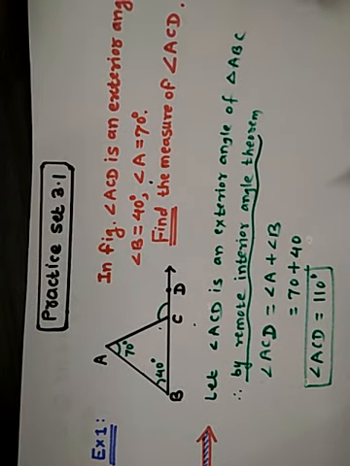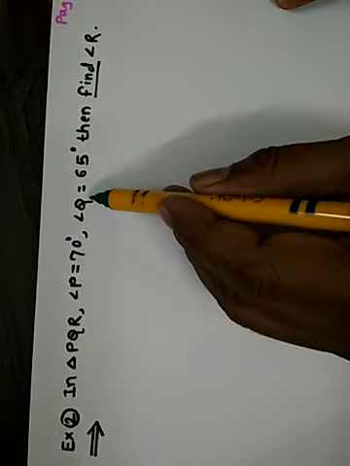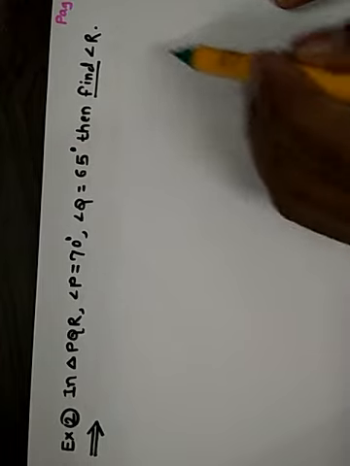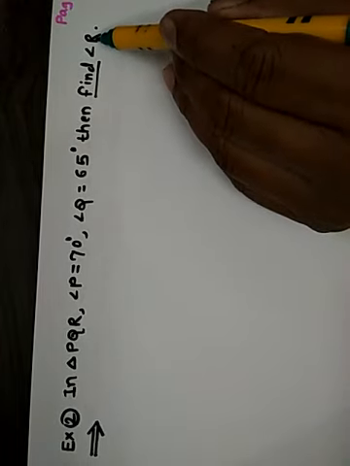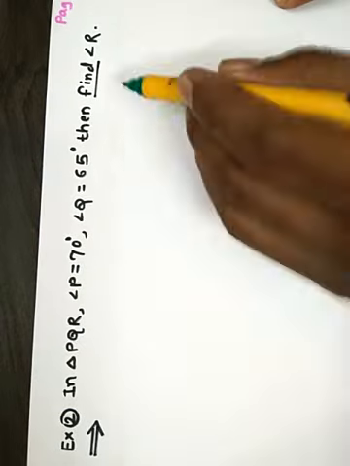Now we see the second example. In triangle PQR, angles P and Q are given, and our aim is to find the third angle, R. How can we find angle R?